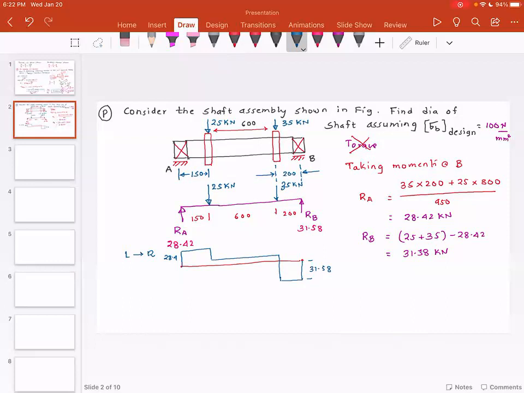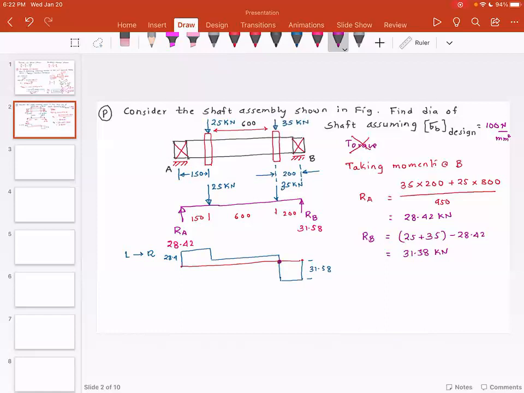Now in EGR 343 and perhaps in EGR 444, you might have drawn the bending moment diagram for the entire shaft. But please note, we are only interested in finding out the maximum bending moment because this is a design problem. We want to find out the diameter of the shaft that can withstand the maximum bending moment.